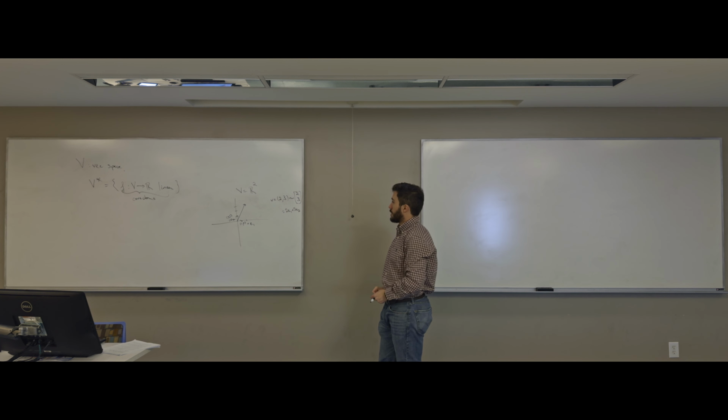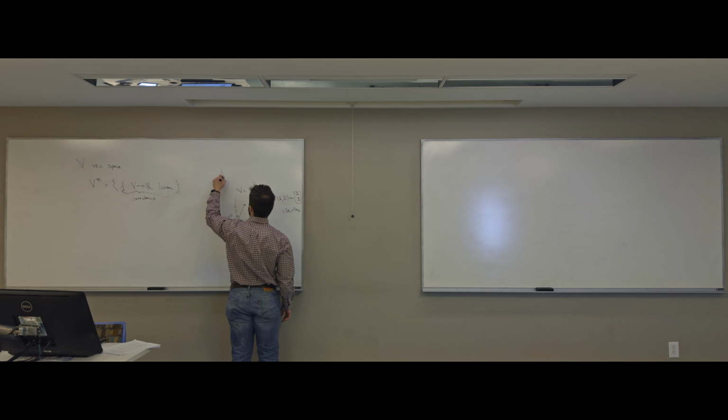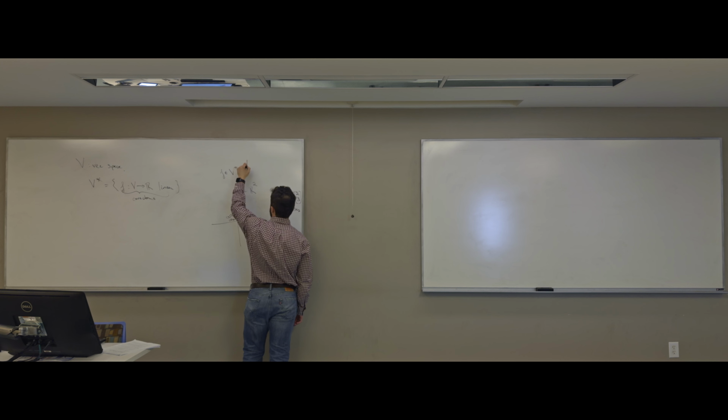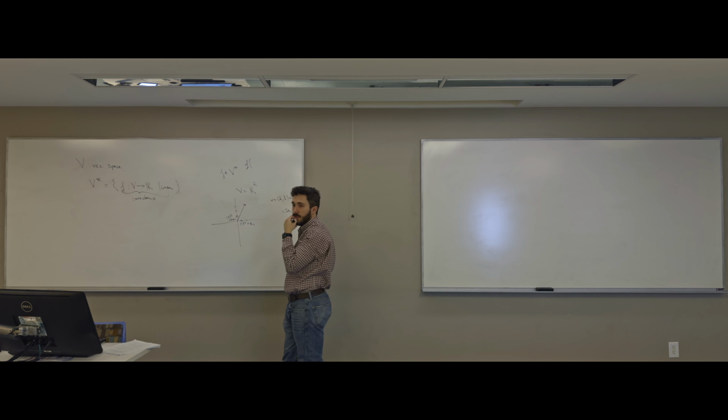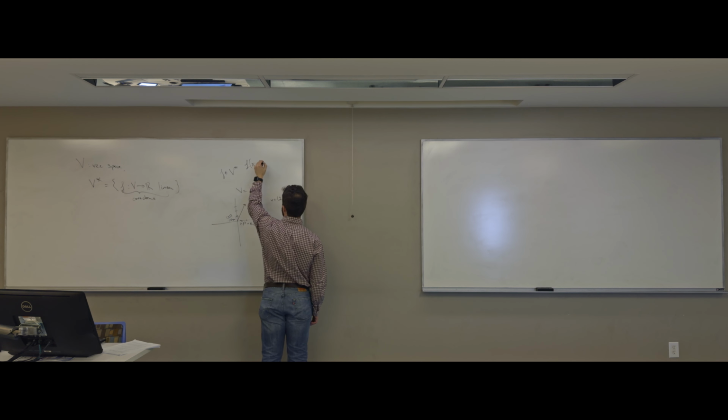Now, give me an example of a function f that is in the covector space. I want it to be a covector. How should I define f? So it's going to eat elements of R2. So let's take x and y as the coordinates.